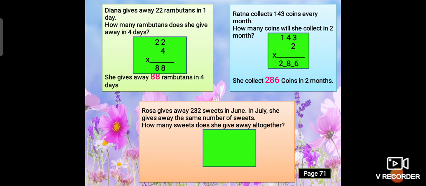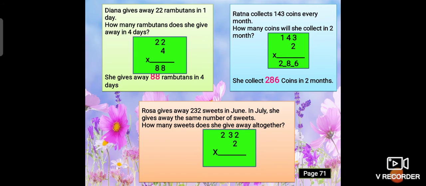Let's take a look at the next number. Rosa gives away 232 sweets in June. In July, she gave away the same number of sweets. How many sweets does she give away altogether? So in June and July, there are 2 different months with the same sweets. So what should we do? Yes, correct.